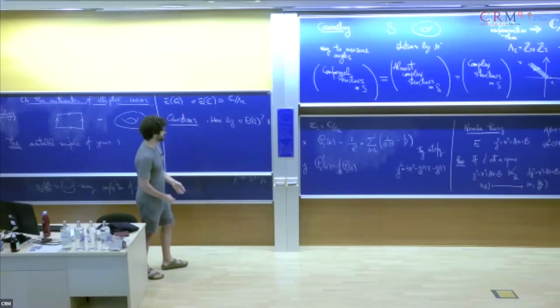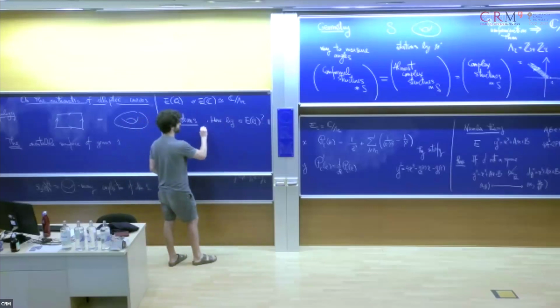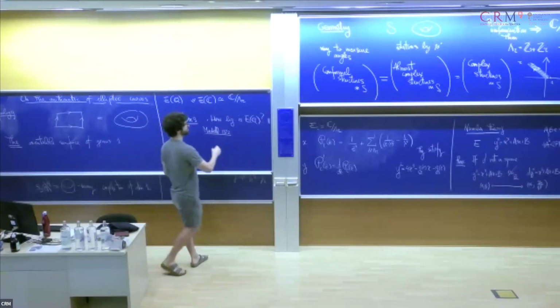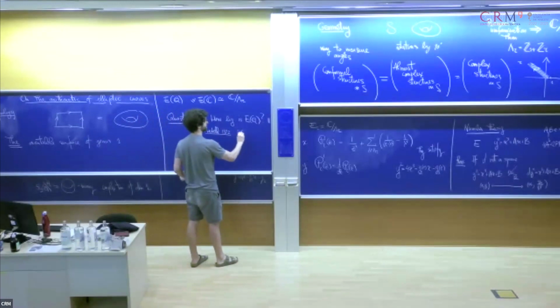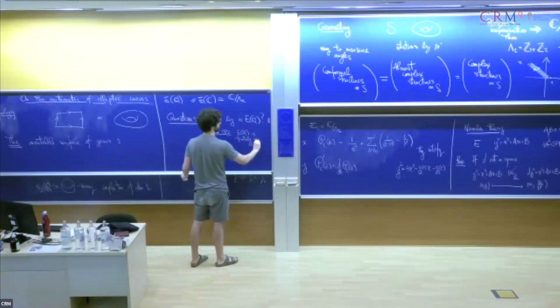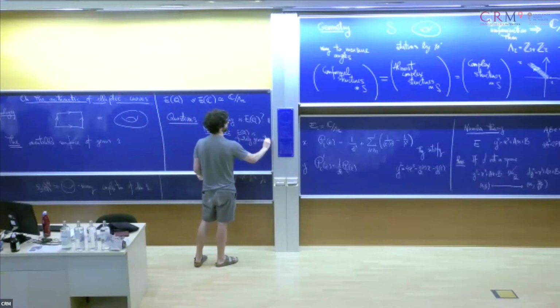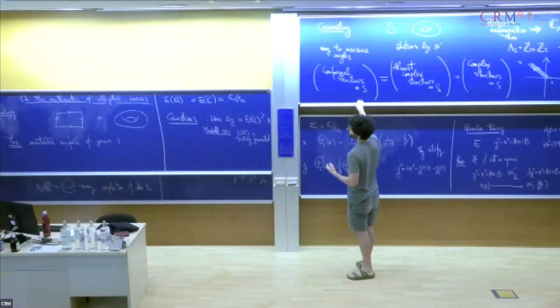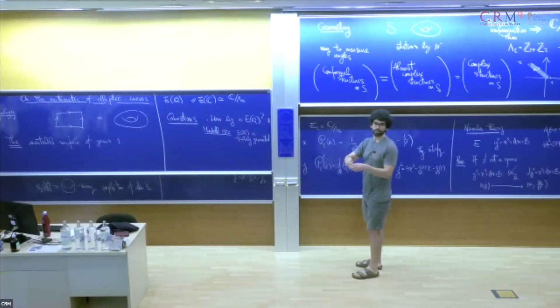So how big is this? Well, one of the first results in this direction is due to Mordell in 1922, who proved that this group is finitely generated, which means that you just need finitely many solutions to obtain all the others by this operation.